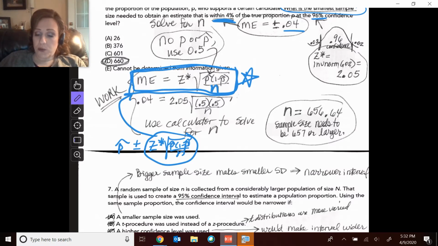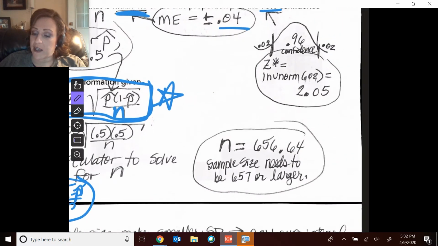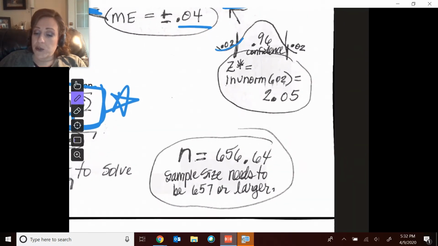Margin of error. They told me they wanted it to be 0.04, right there. Critical value. You need to find the critical value. While you may use the confidence level, we want to be 96% confident. Confidence level is what's in the middle. You inverse norm of one tail. Inverse norm, that 0.02 gives you 2.05.